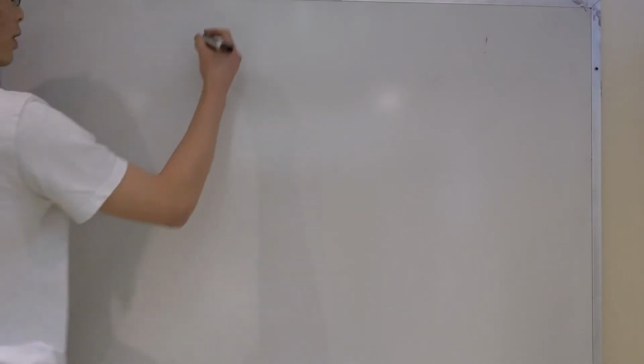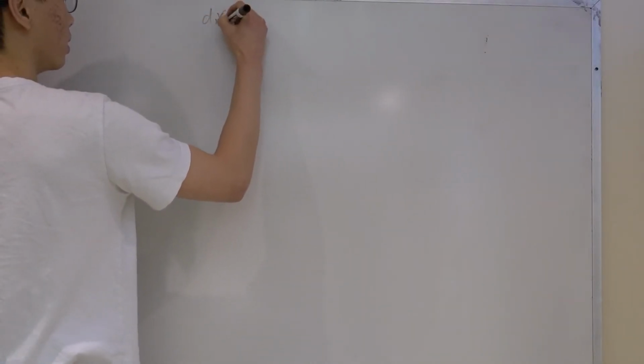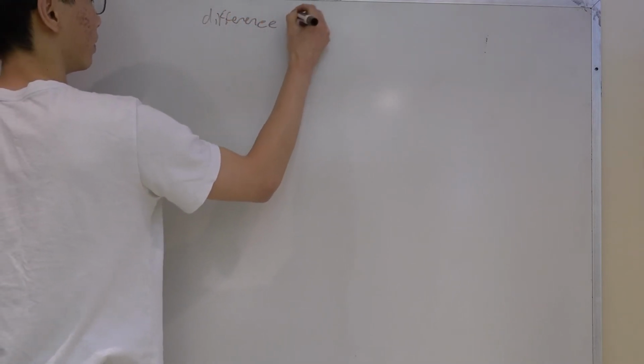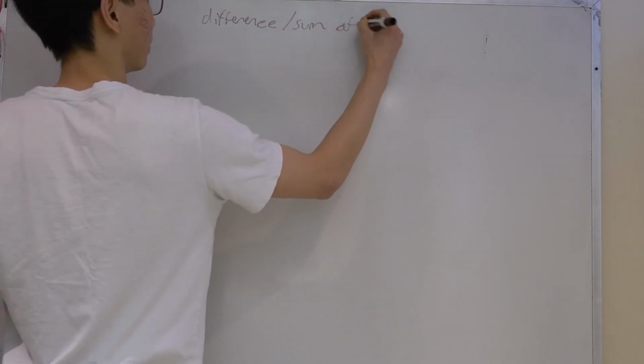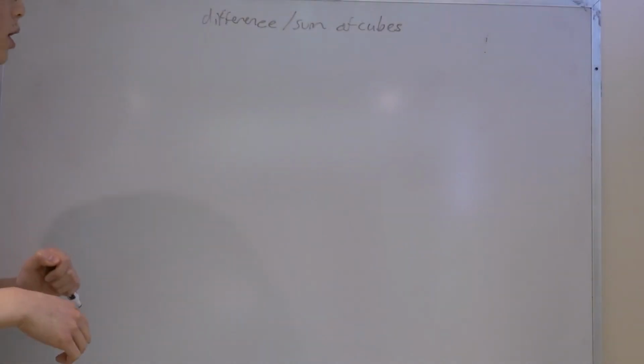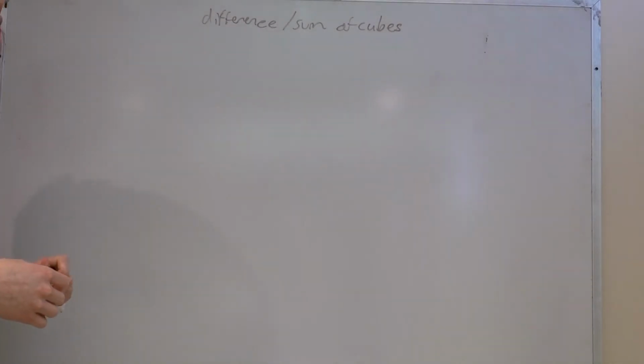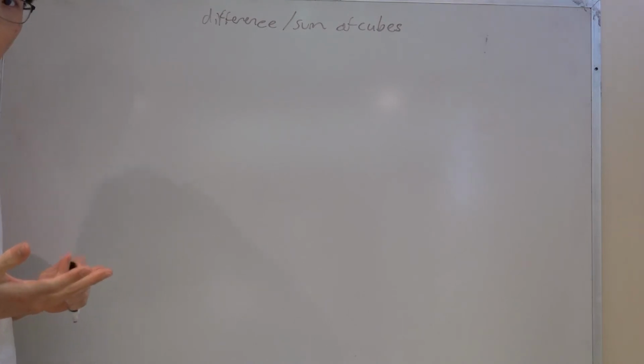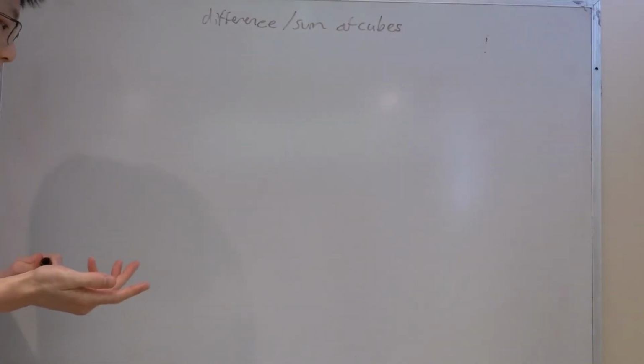Okay, the last thing that I want to do is introduce something called the difference and sum of cubes. This is something that we're going to use a lot for this course and for calculus. It's a really useful tool, and it's actually better if you try it out yourself rather than me telling you exactly how to do it.